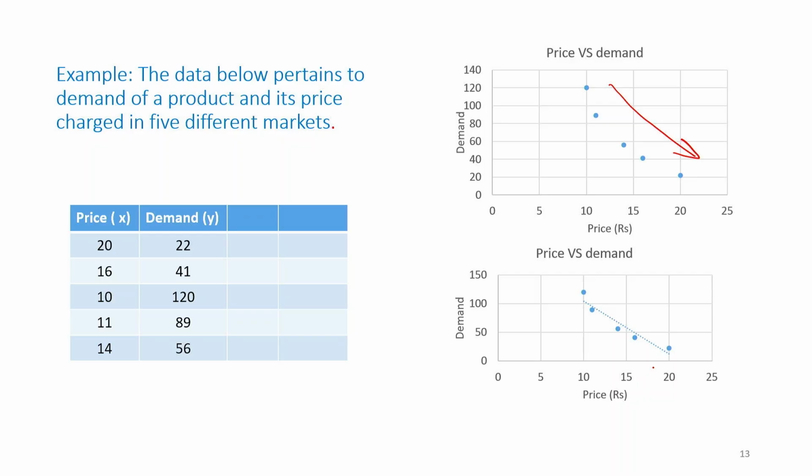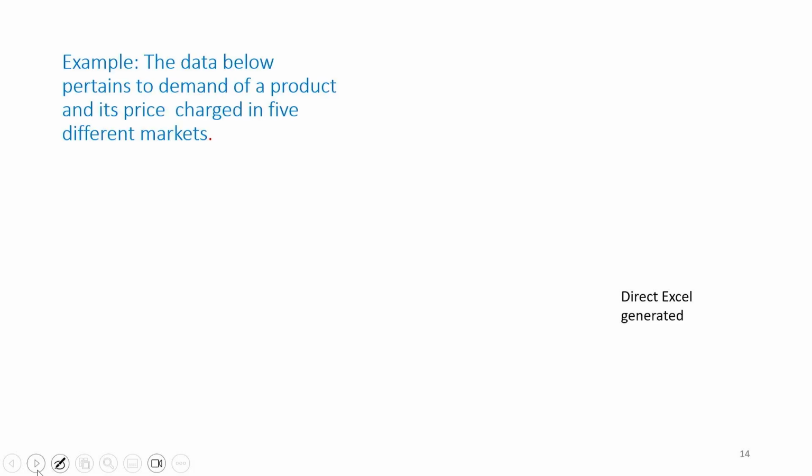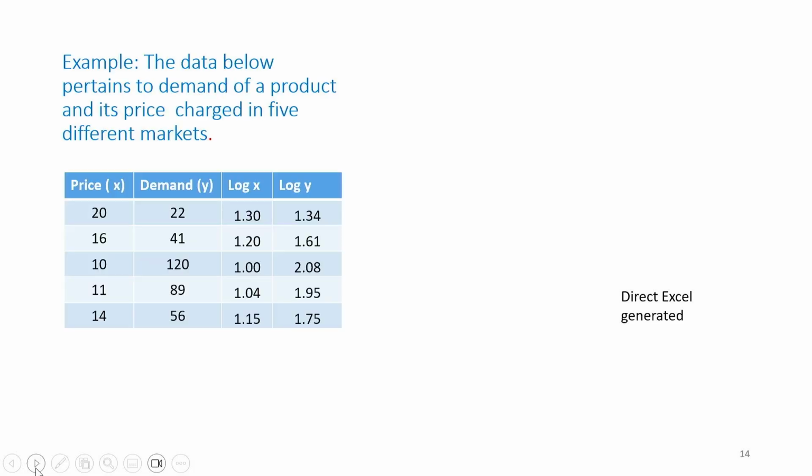A nonlinear relationship may better describe the price versus demand curve. So if that sort of question comes to the mind, then what we do is transform the data into log x and log y. So these are my new transformed data.